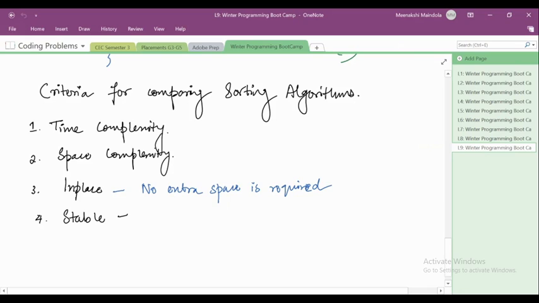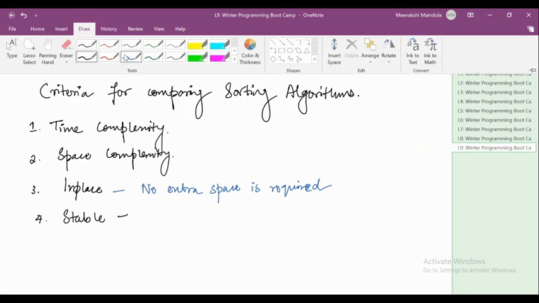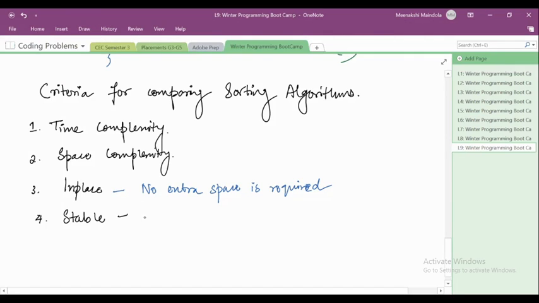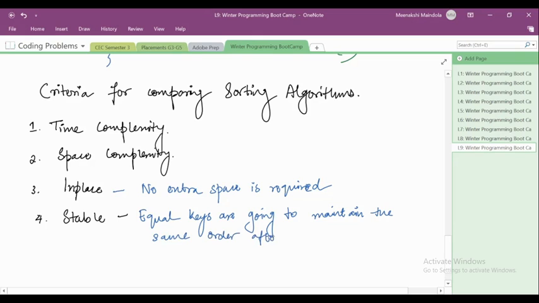So a stable algorithm is going to be something where equal keys are going to maintain the same order after sorting.